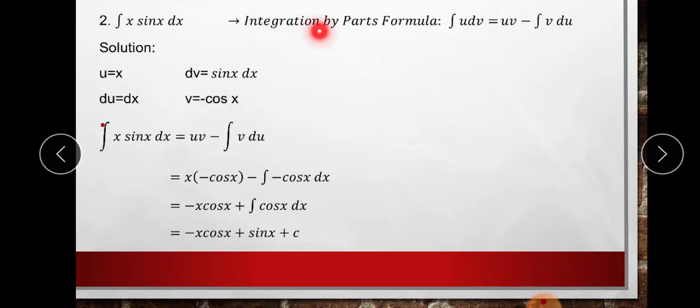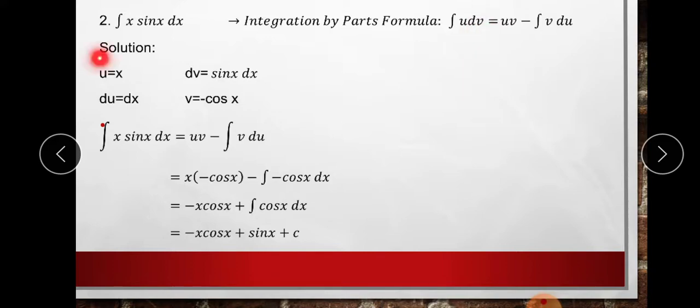The integration by parts formula is the integral of u dv equals uv minus the integral of v du. For u, choose something that becomes simpler when differentiated, and for dv, choose something whose integral is simple.